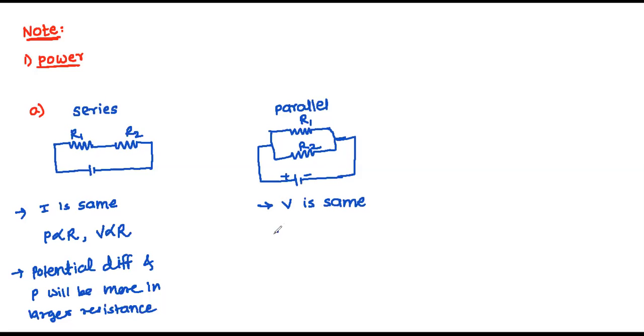So power P is inversely proportional to R because the power formula is V square by R, and I is also inversely proportional to R. Potential difference is same, no doubt.